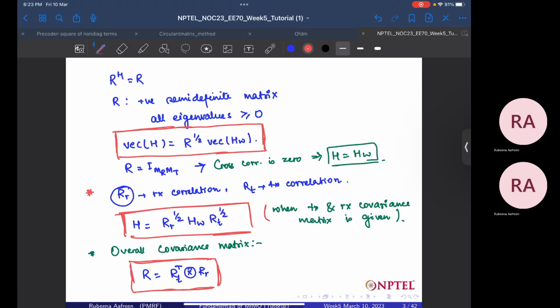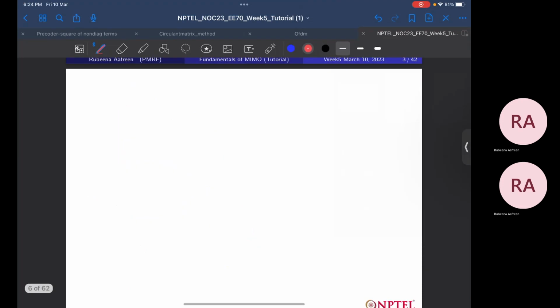So here, as you see, this RR has the size of MR cross MR because it is the receiver side covariance. RT has the size of MT by MT, and HW is MR by MT. Okay. So size of R is MRMT times MRMT. Okay, now we will see some properties of Kronecker product as well.